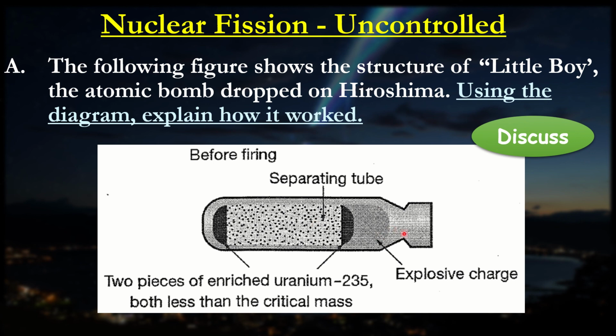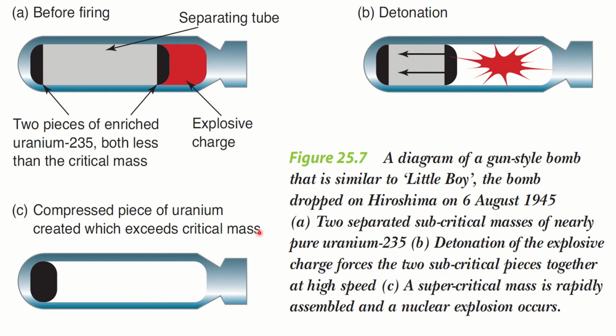So what's going to happen to detonate this bomb is the explosive charge will create an incredible amount of pressure in this little valve here. That's going to push this subcritical uranium towards this other side, and that's going to make it a supercritical mass. They're going to start forming their decays or nuclear fission reaction, and that's just going to go absolutely out of control. So that's how it worked.